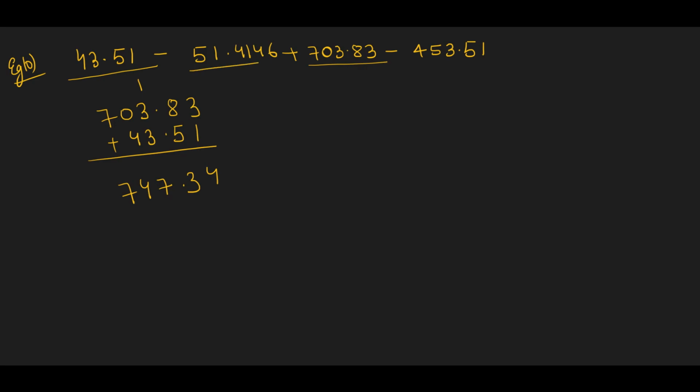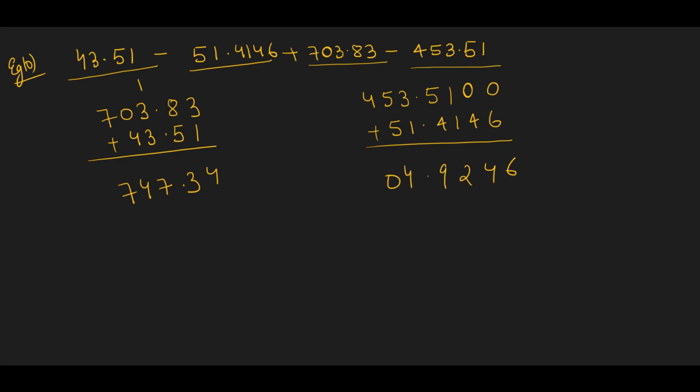And the ones with the negative sign, you will also add them first: 453.51 and 51.4146. Here we put the zeros and we are adding them. We are not going to subtract because they have the same negative sign. So the sum is 504.9246. Now this one is of positive sign, this is of negative sign.